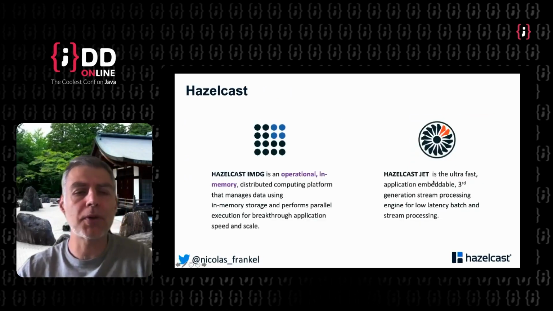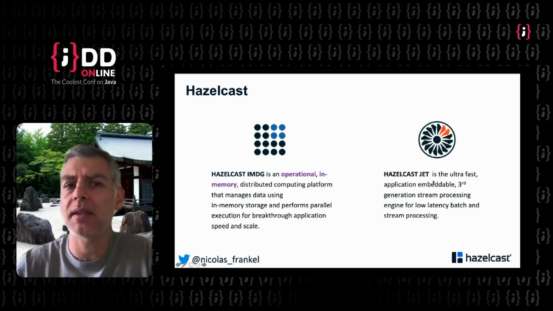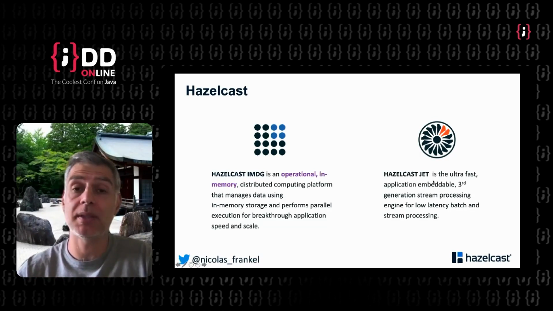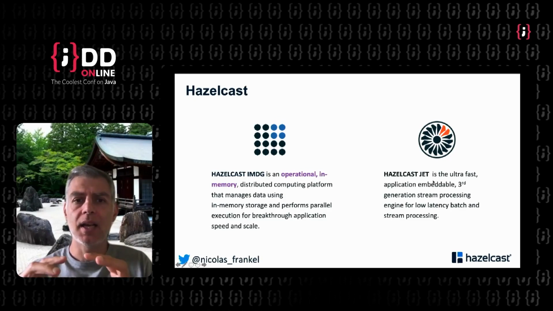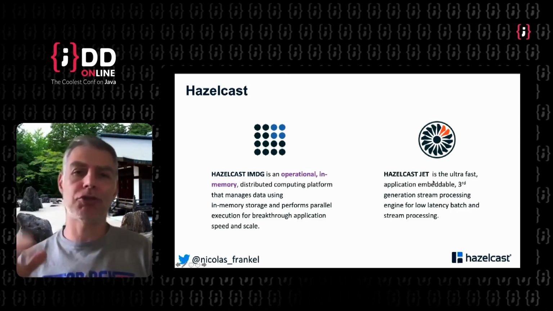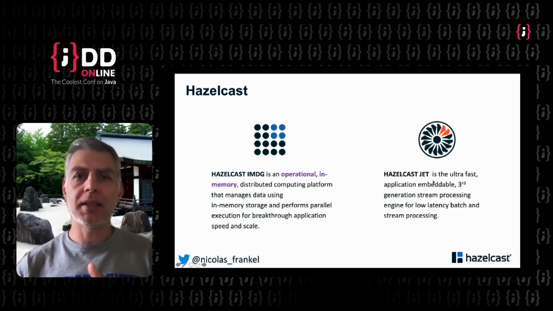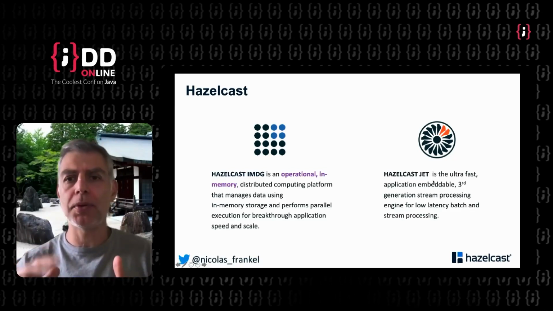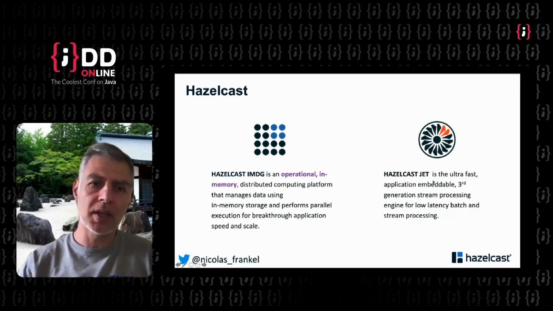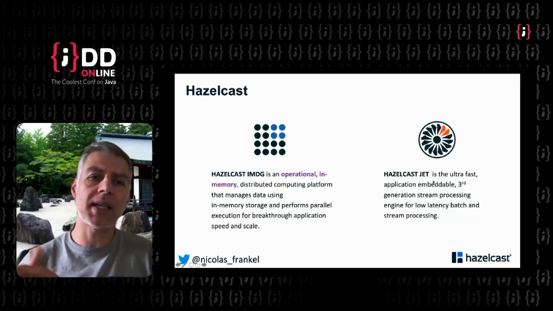Right now, I work for a company called Hazelcast. At Hazelcast, we have two products. The first one is what we call an in-memory data grid, and you can think about an in-memory data grid as a distributed data structure. The most used structure is probably the map. If you are a Java developer, you are used to this interface where you put stuff into the map and then you get by key.